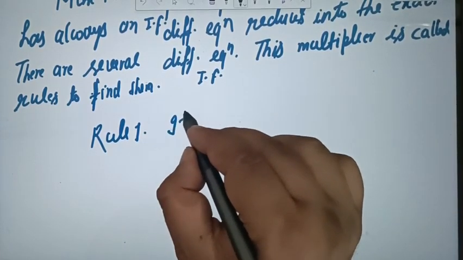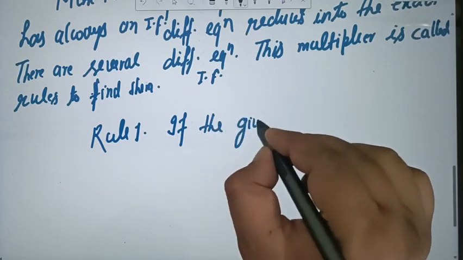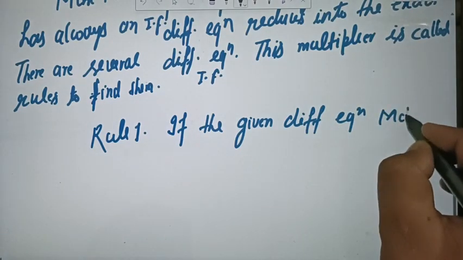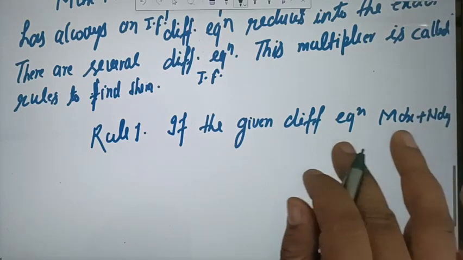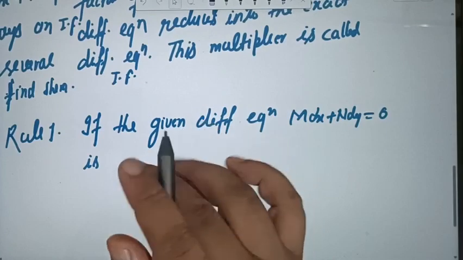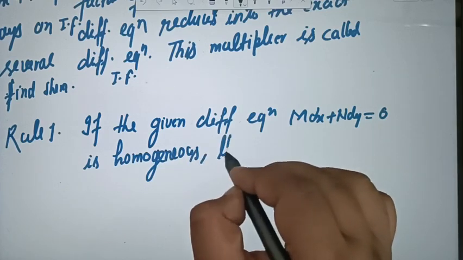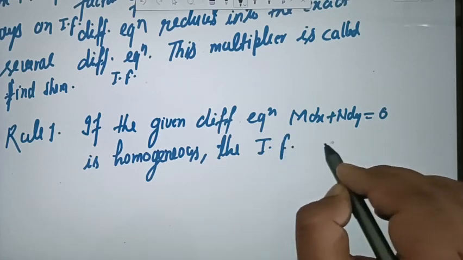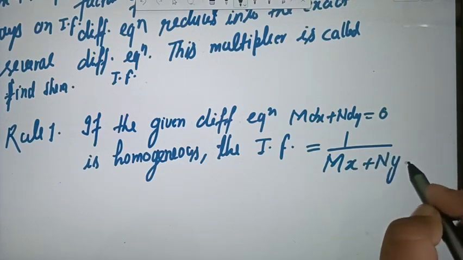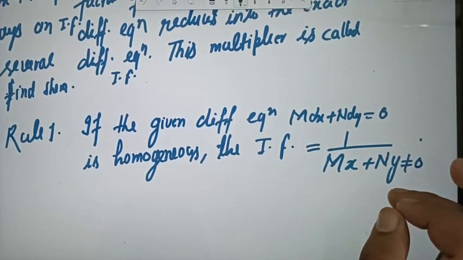If the given differential equation mdx plus ndy is equals to 0 is homogeneous, then the integrating factor will be decided as 1 upon mx plus ny, and this should be non-zero. Then your integrating factor will be decided.